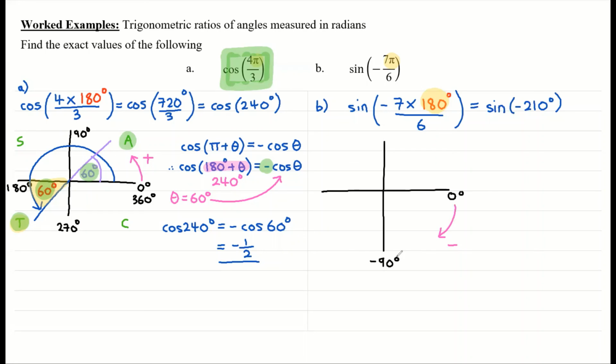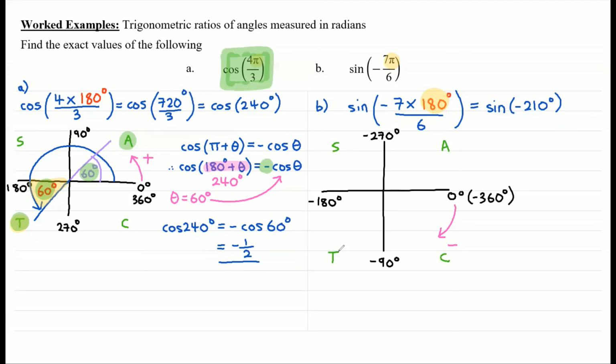Okay, if I'm going backwards along a number line, I'm then going to end up at negative 180 degrees and then negative 270 degrees. And you go round and round. So this would also correspond to negative 360 degrees as well, the same point on the diagram. The CAST symbols are exactly the same.